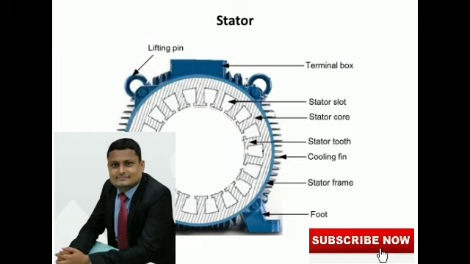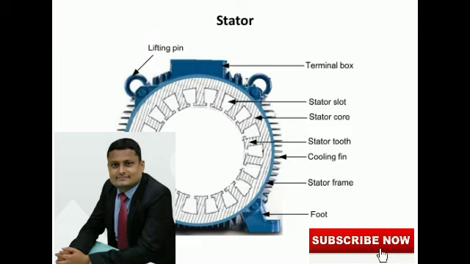Here we need to check the nearest conductor dimension from the standard chart. Now the area of the stator slot, the slot area, is occupied by the conductors and the insulation.